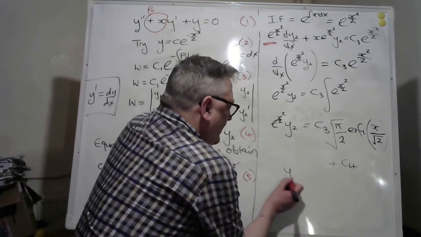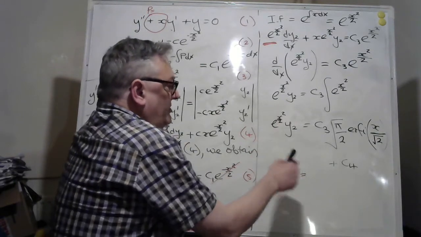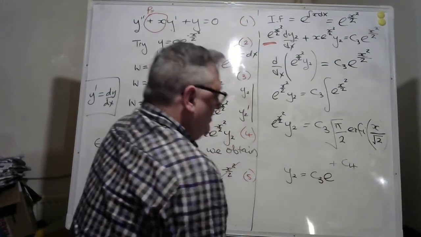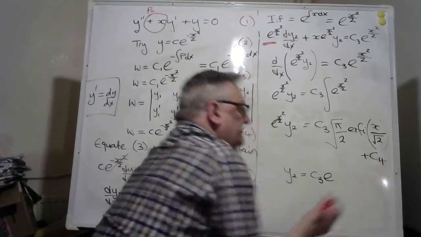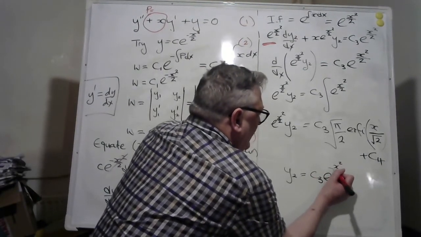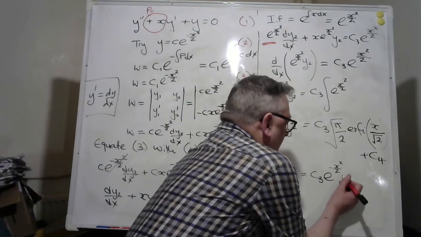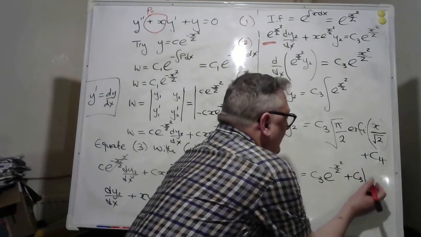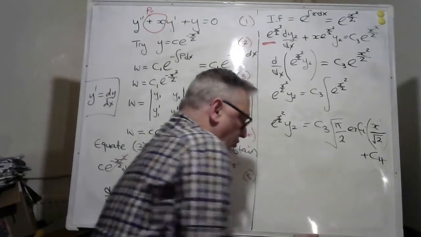So if we divide both sides by e to the x squared over 2, we're left with y2 on this side, and on this side we're left with c3 e to the minus x squared over 2, and if I may write that constant 4 there, plus c3, pi. Let's make a little bit more room up here.